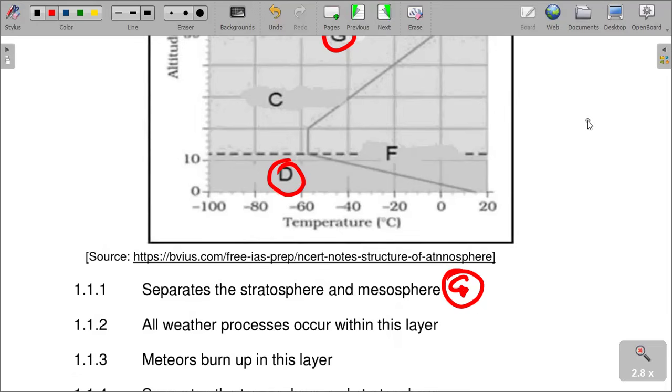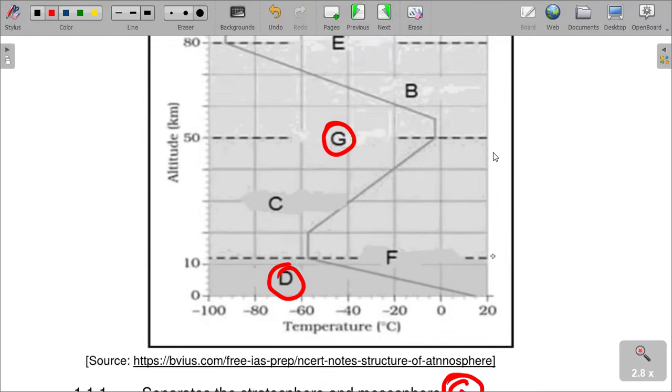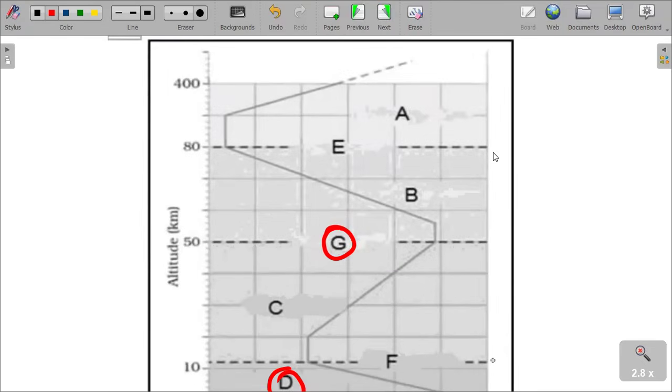If you look at the structure that you are given in the question here, it is quite important that before you answer, you should be able to identify and give the labels of these structures that we are given here.